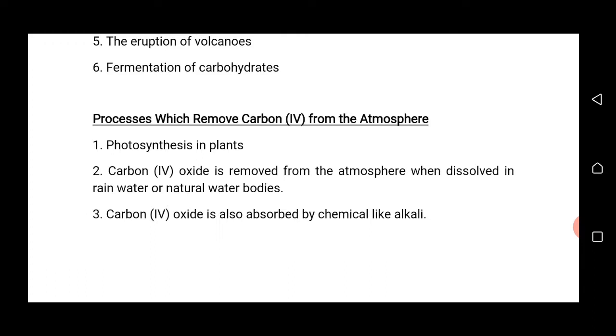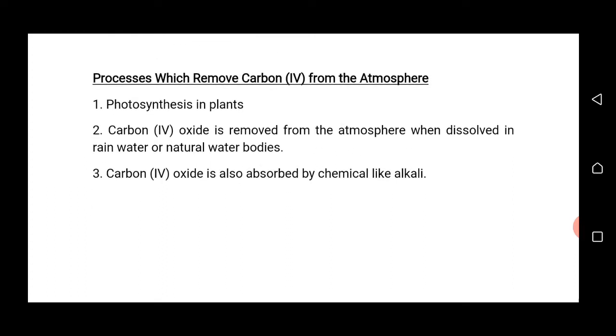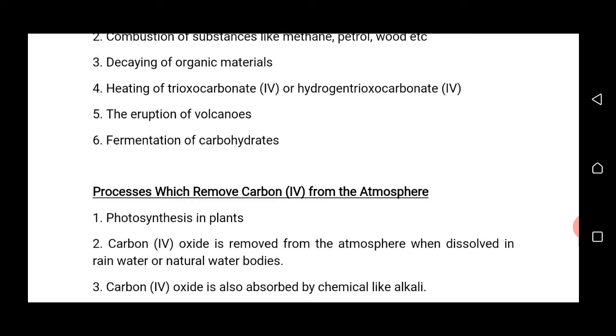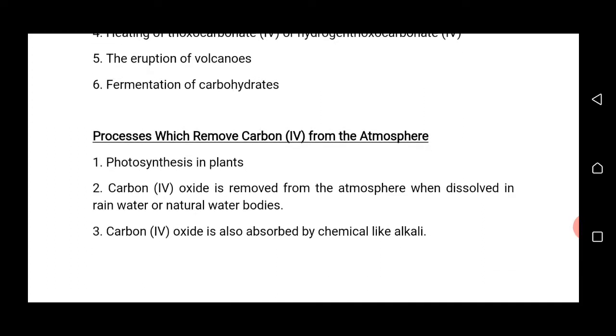Fermentation is the enzymatic breaking down of sugar or carbohydrates to produce ethanol and CO2. So CO2 is the byproduct of fermentation. So during the fermentation process, CO2 is also being released into the atmosphere. These are the 6 processes which liberate CO2 into the atmosphere.